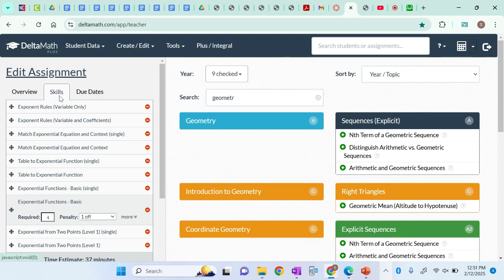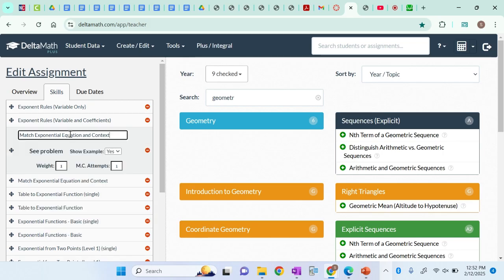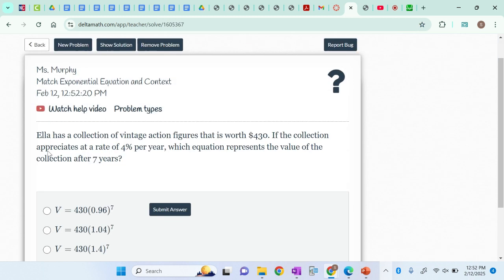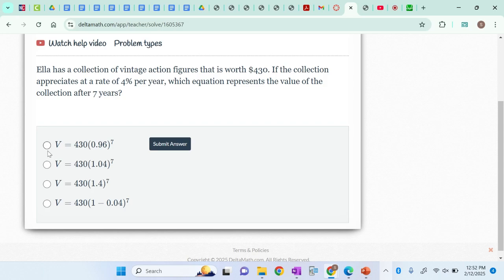Now you guys might want to jot this down on a scrap sheet of paper because these will basically show you how to work out the rest on your own. So I want you guys to hit the first single problem, which says match exponential equation in context single. It's 3 sections from the top. So when you click on it, you should see exactly this problem. If you don't see exactly this problem, you're on the wrong section.